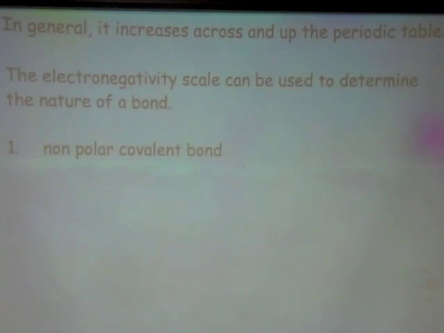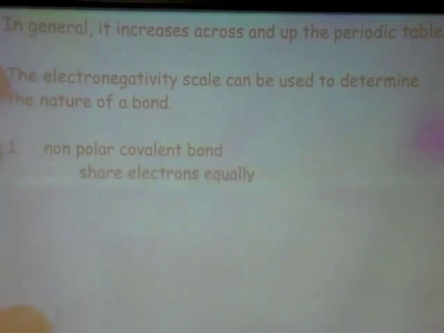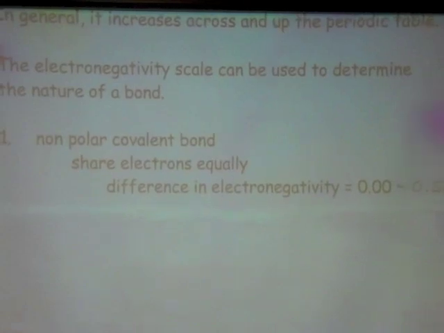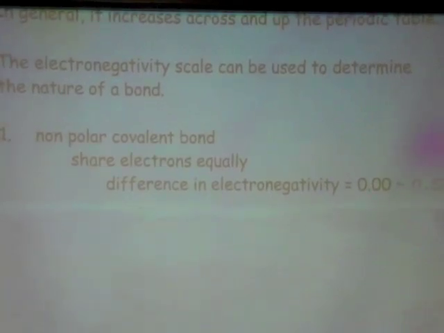Okay, it's polar, opposite poles on opposite ends. So a non-polar covalent bond means that there are no poles between this bond. The electrons are shared equally.